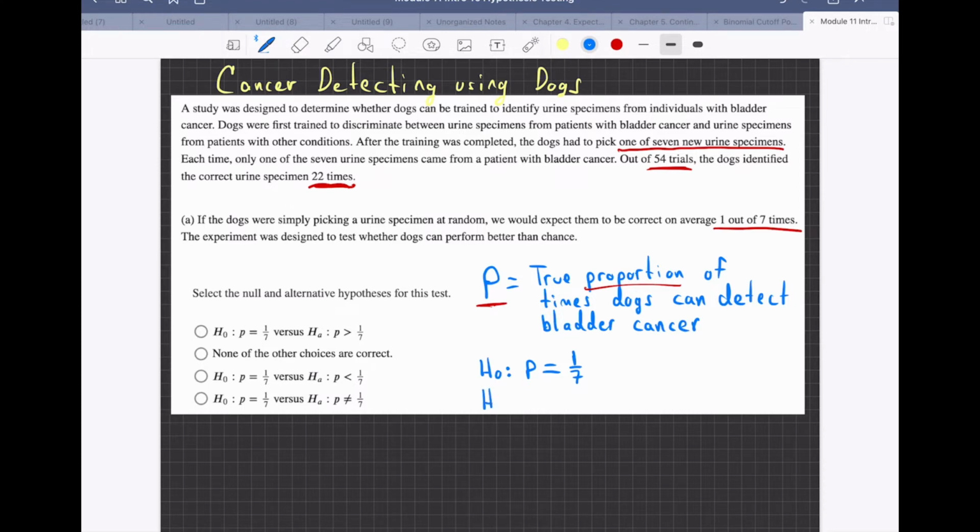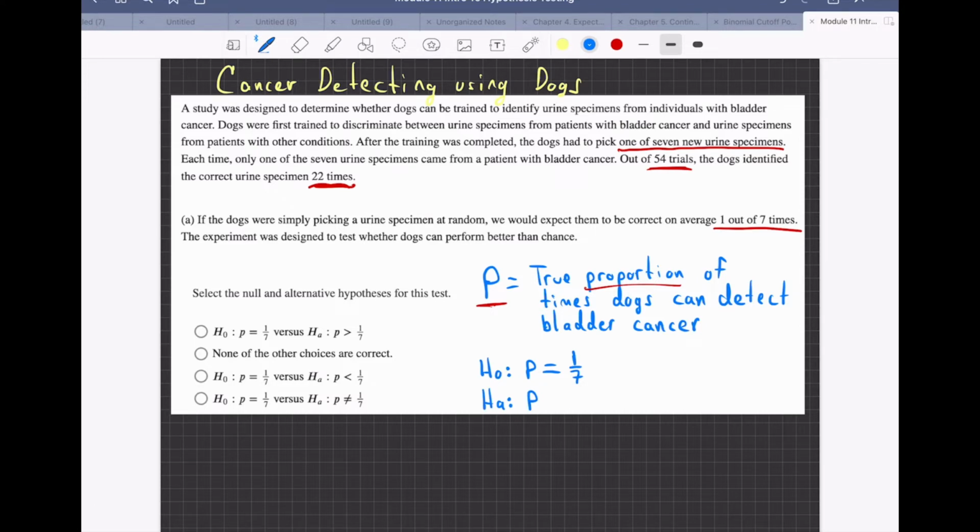The alternative hypothesis always is going to be the parameter less, greater, or different than that something. How do we know what is the right option we have to choose? I mean, we have to choose greater, less, or different for P. Well, how do we know that?